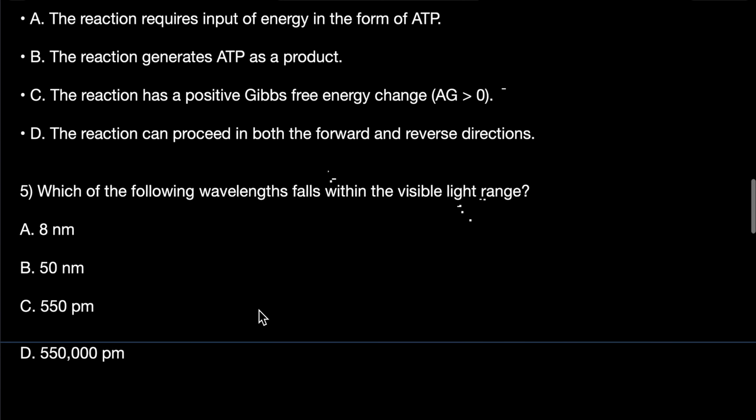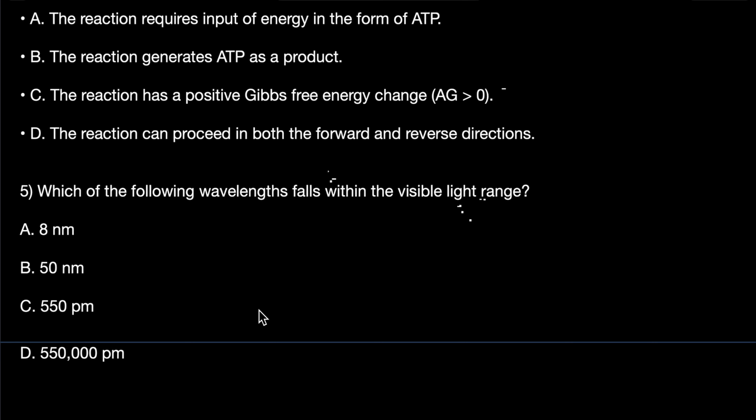Next question. Which of the following wavelengths falls within the visible light range? In order to answer this question, you need two things. First of all, you need to know that the visible light range is between 400 nanometers and 700 nanometers.